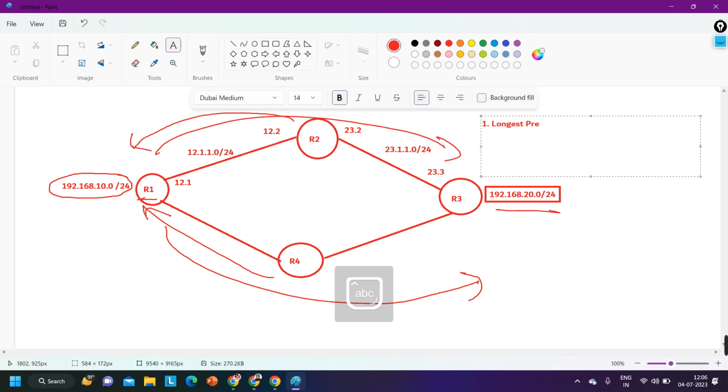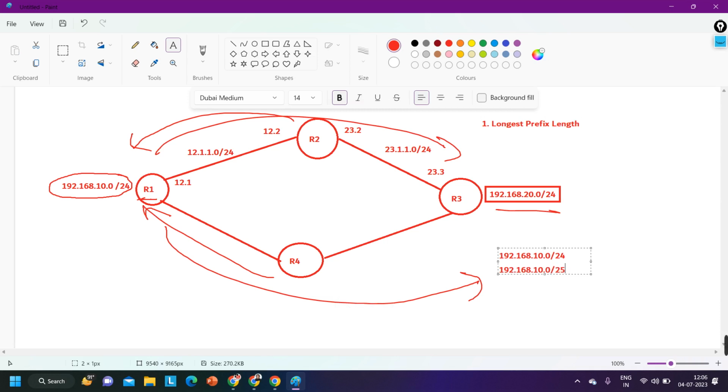Longest prefix length means, let's say I have two networks, 192.168.10.0/24 and 192.168.10.0/25. Getting my point? I have two networks now.